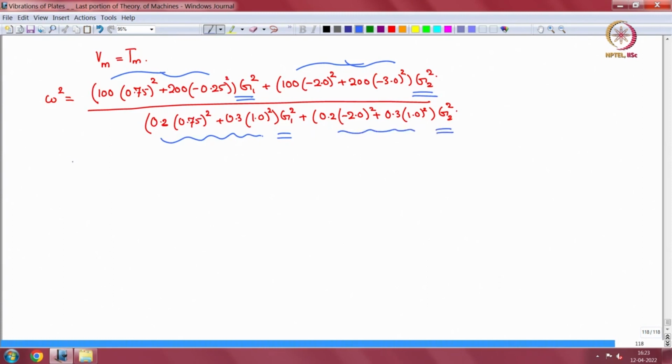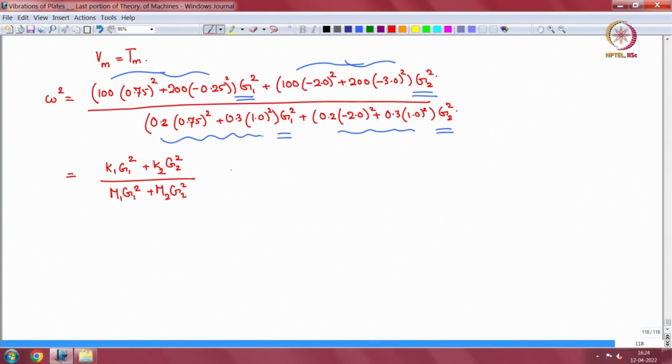So this we will write as equal to k1 g1 square plus k2 g2 square divided by m1 g1 square plus m2 g2 square.